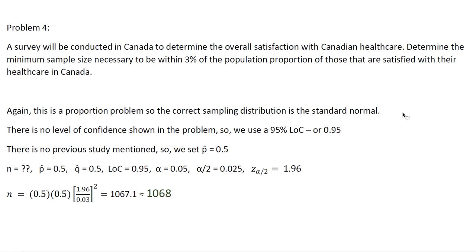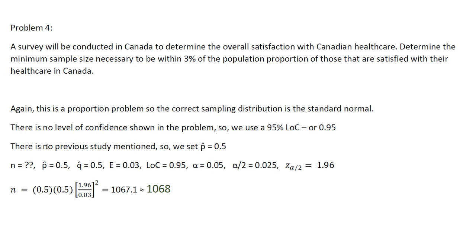There's no level of confidence that's specifically asked in this problem, so we default to the 95% level of confidence. Also, there's no previous study mentioned. There might be a previous study, but there's not one mentioned for this, so we consider this to be a brand new study. The default is we set p hat equal to 0.5.